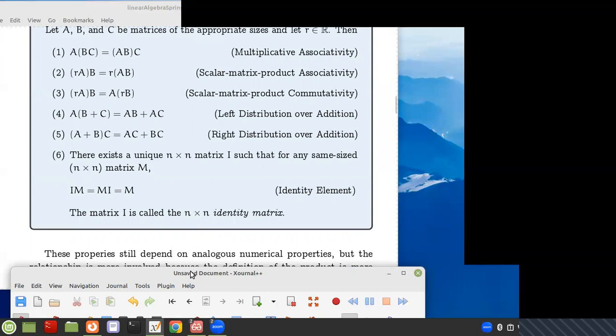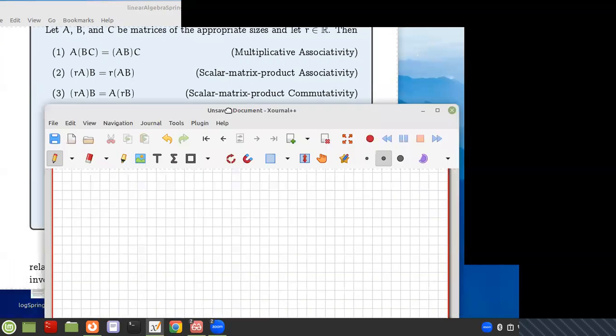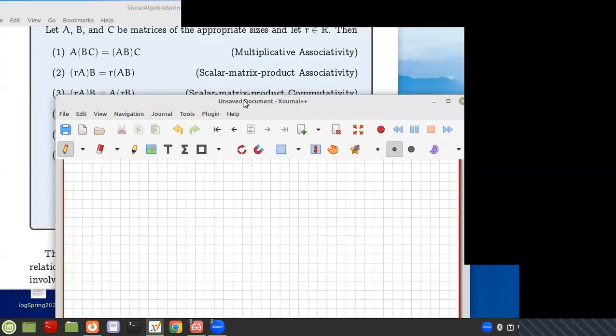Let's say I had a matrix A that's m by n, and I want to find a matrix that gives some identity matrix.